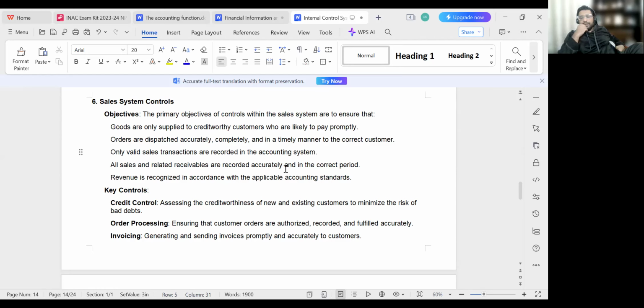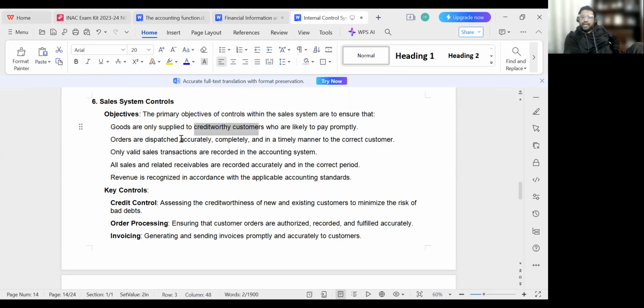You would like your goods to be delivered only to creditworthy customers, right? Because you're making the sales, you're giving them credit, and they're going to give you the payment after a certain period, and there is a possibility that they are not going to make the payment. So the objective is that goods are only supplied to creditworthy customers.